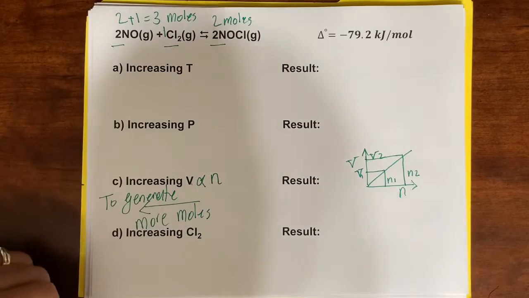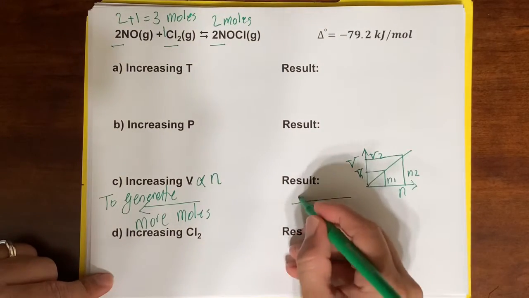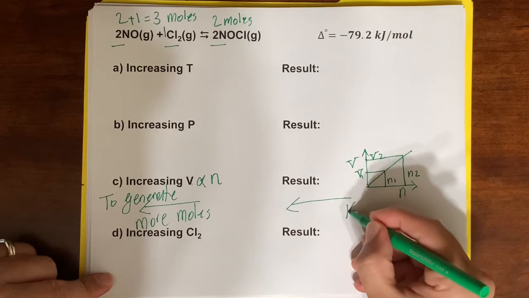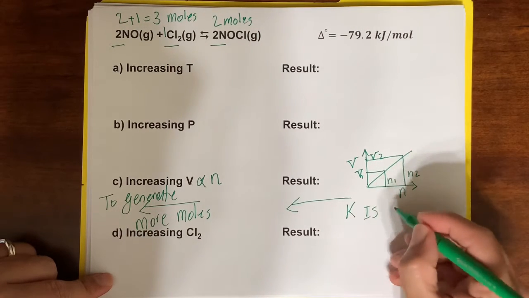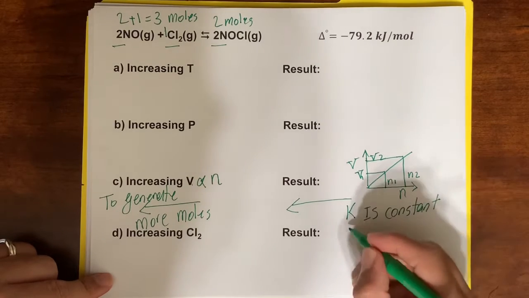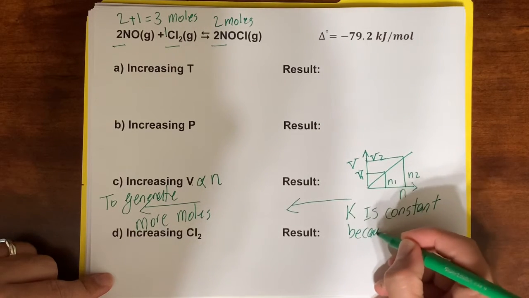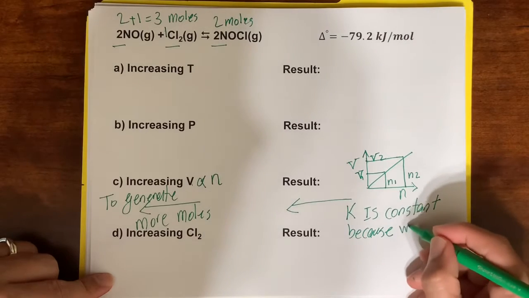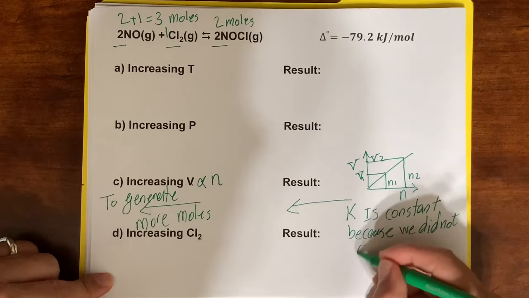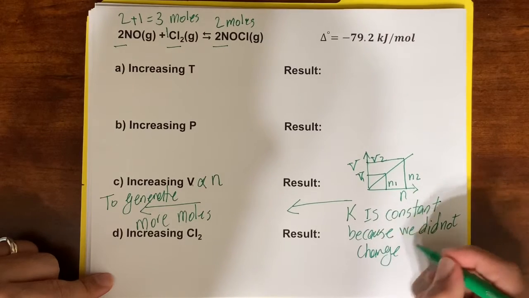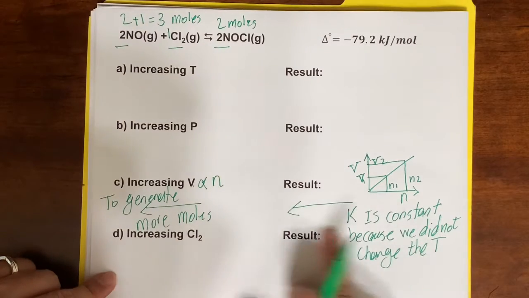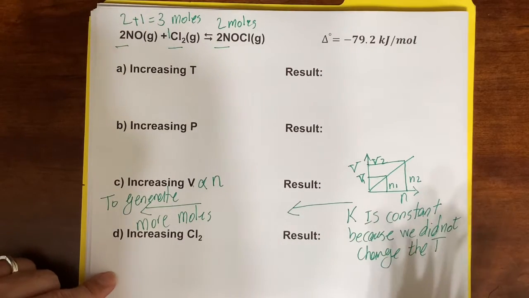How about K? K is constant because we did not change the temperature. If you don't change the temperature in this process, K will be constant.